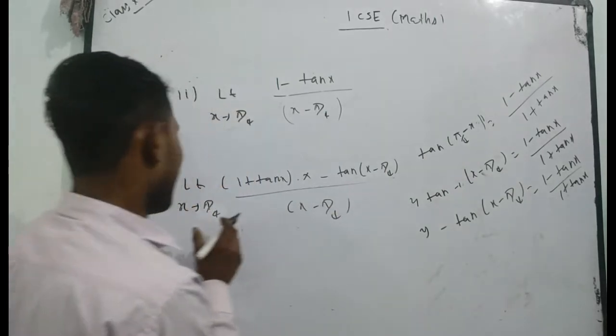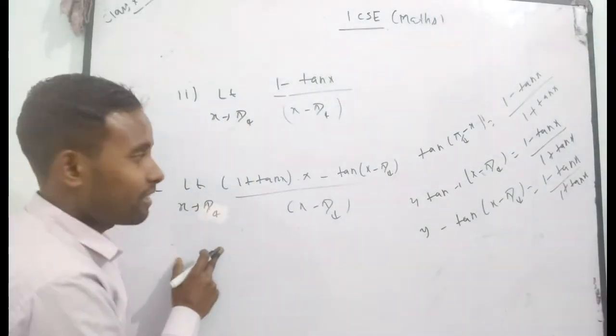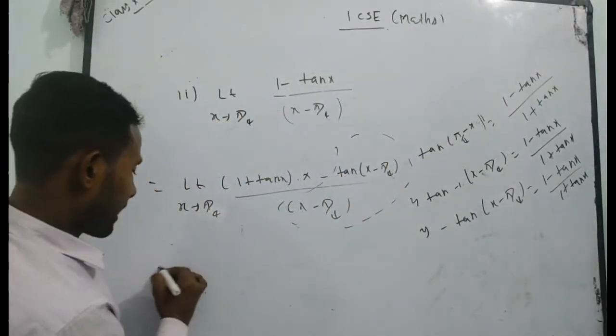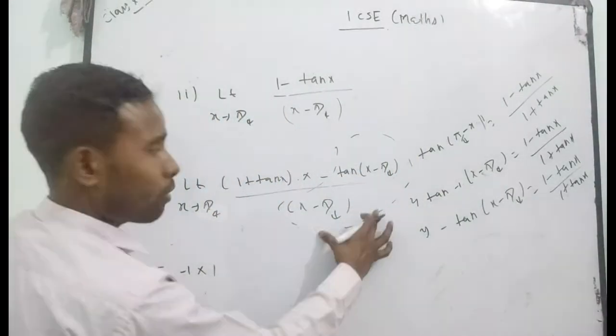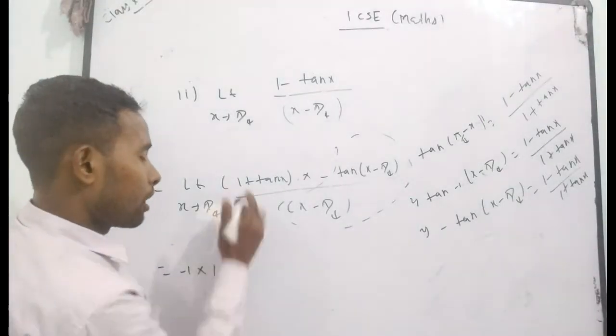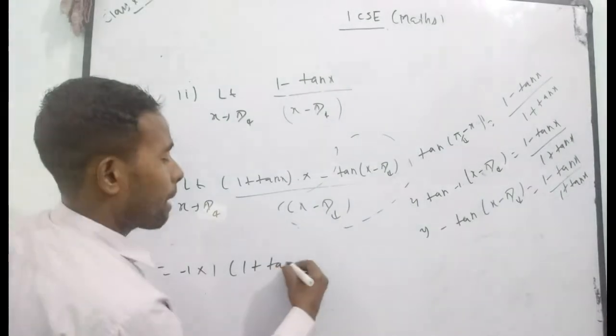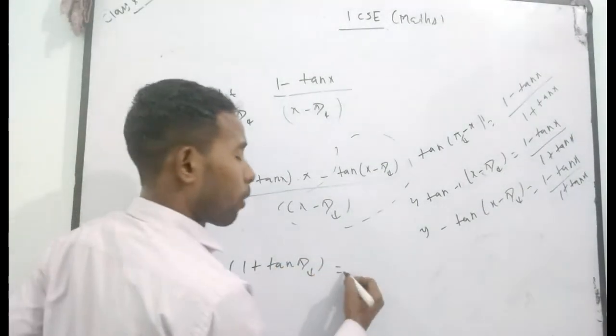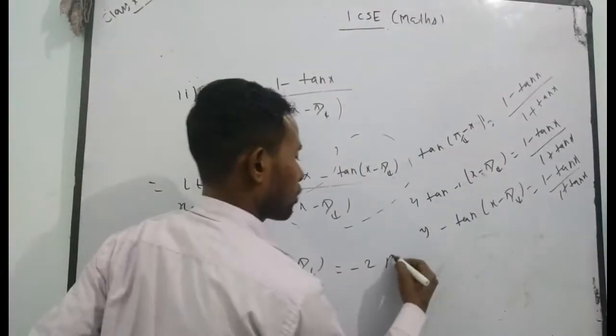Now x tends to pi by 4, so definitely the value of tan(x minus pi by 4) over (x minus pi by 4) will be 1. After taking the negative common, it will be minus 1 times 1. And you can directly put x equal to pi by 4 in the other factor. You get 1 plus tan pi by 4, and tan pi by 4 is 1, so 1 plus 1 is 2. And 2 times 1 into minus 1 will be minus 2, which is the required answer.